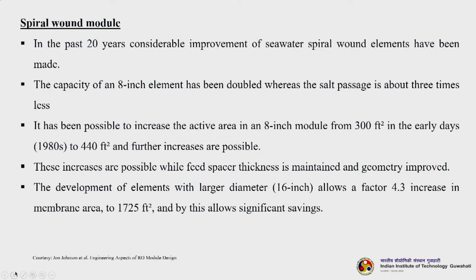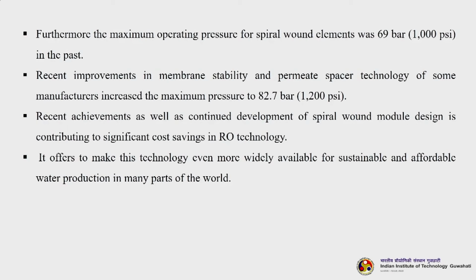Now, the development of elements with a larger diameter allows a factor 4.3 increase in membrane area to almost 1725 square feet, and this allows significant savings. Furthermore, the maximum operating pressure for spiral wound elements was 69 bar, close to 1000 psi, in the past.